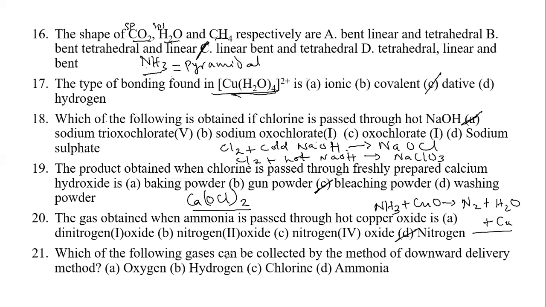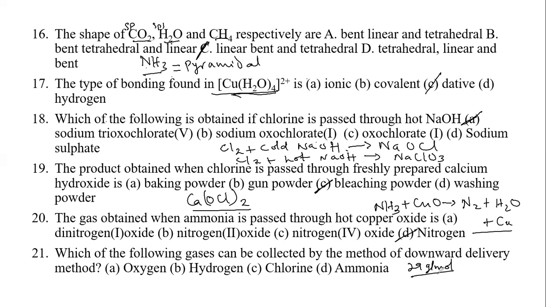Question number 21 says, which of the following gases can be collected by the downward delivery method? Gases collected by downward delivery method, or upward displacement of air, must be heavier or denser than air. Air has approximately 29 grams per mole, okay?